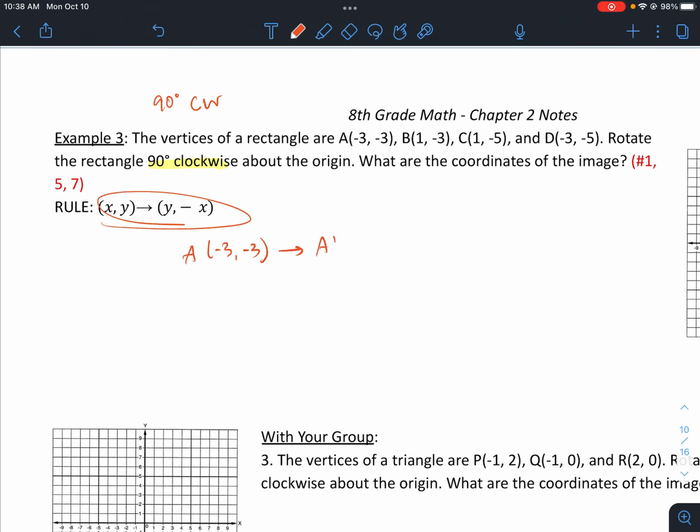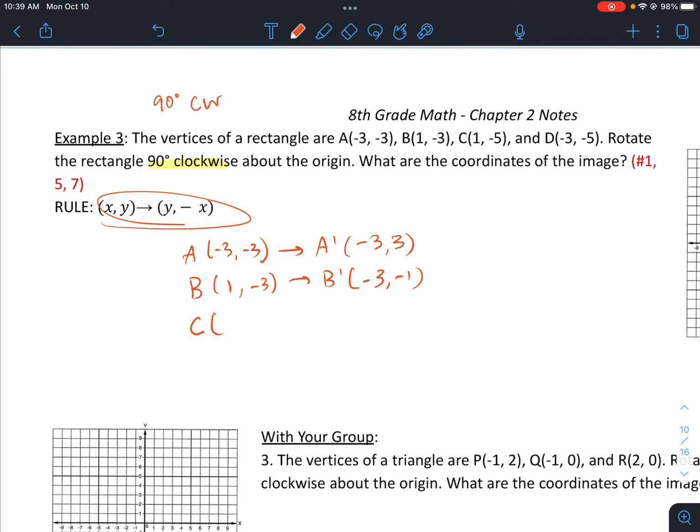A prime becomes, okay, you just copy y as your first coordinate, and then you take the opposite of your x. My x was negative 3, so it becomes positive 3. B is (1, negative 3), so B prime becomes (negative 3, negative 1). Remember, same y, opposite x.